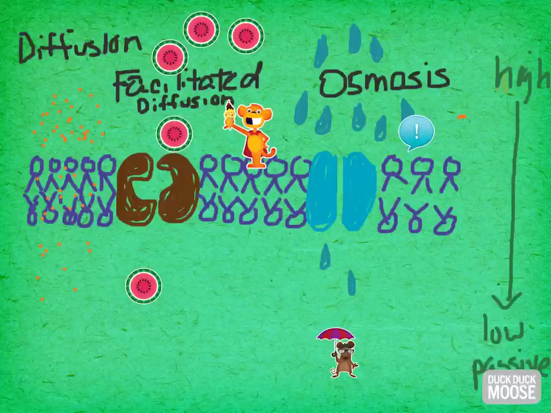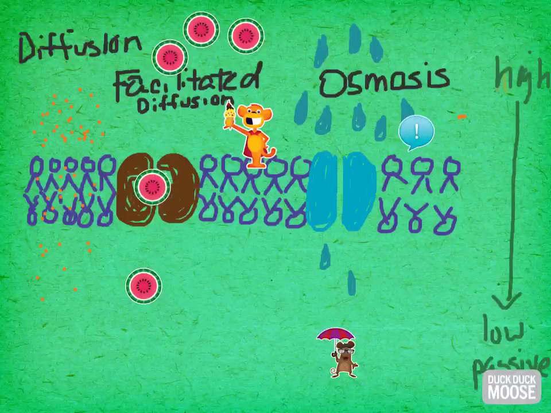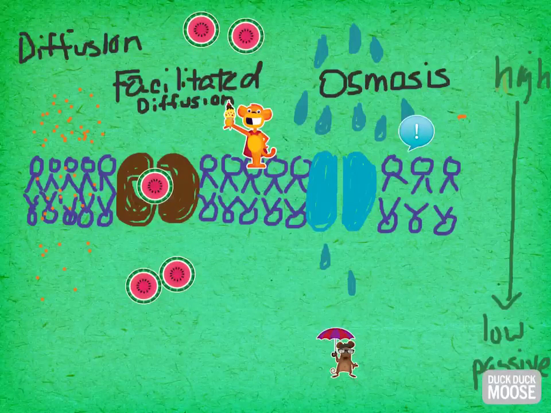But anyway, there's more of them on the outside than the inside, so they're going from high concentration to low concentration. That requires no energy, so they get a little helper, and then they get to go in. That's how we're going to get large molecules like glucose into the cell.